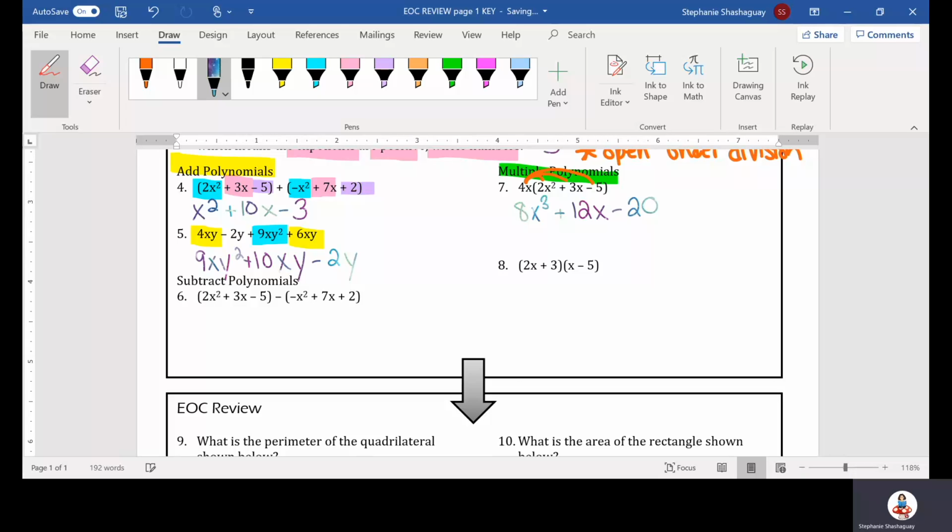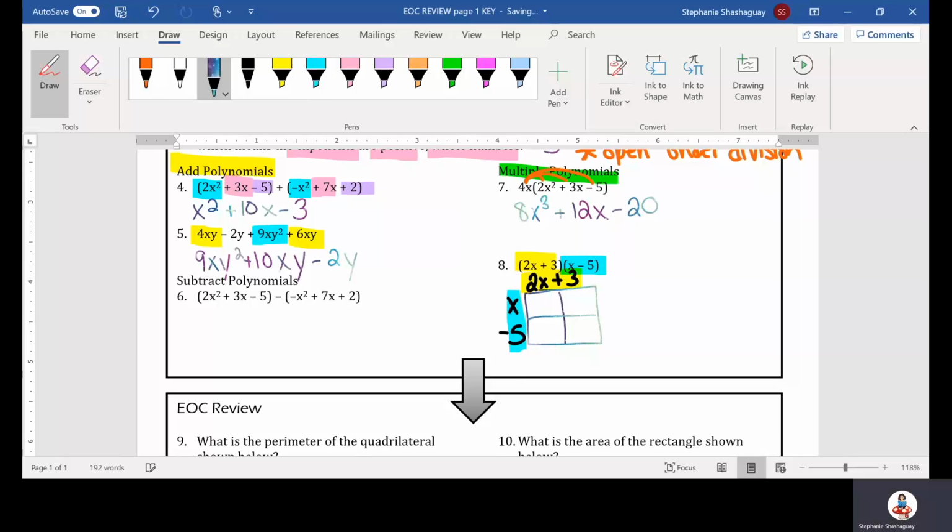Then I need to multiply these two binomials together. And when we did this in class, we taught you to use the area model. Okay, so we're going to have 2x plus 3 along the top. And we're going to have x minus 5 along the side.